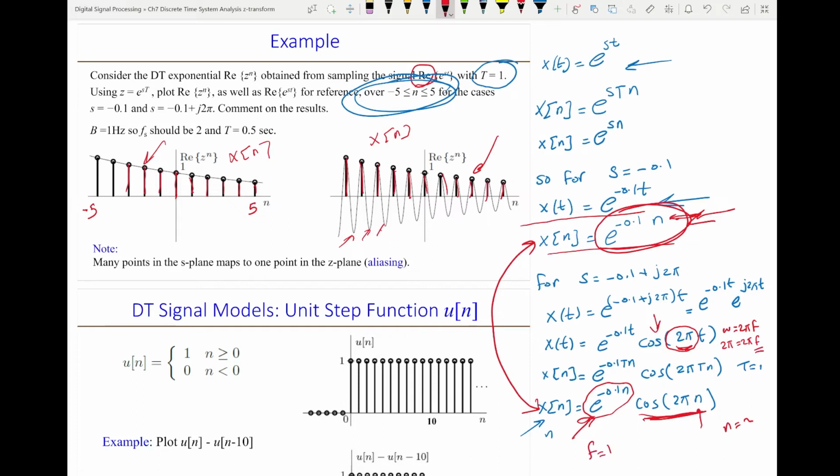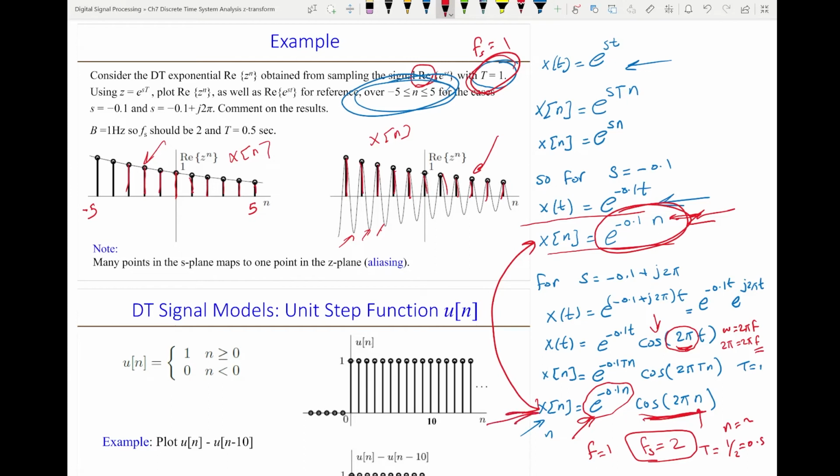The sampling rate should be twice the frequency, so the sampling rate f_s should have been 2 samples per second, and the sampling interval should have been 1 over 2, that's 0.5. So that's the problem. We are sampling at a rate of 1 sample per second, so here f_s is 1, which is below the Nyquist rate. And that's what happened: aliasing happened. So what do we mean by aliasing? Here is what we mean.